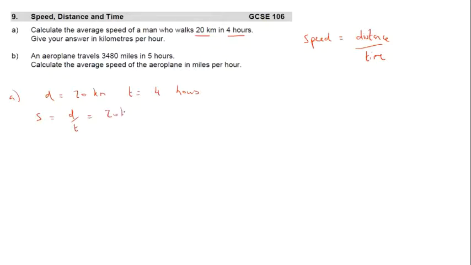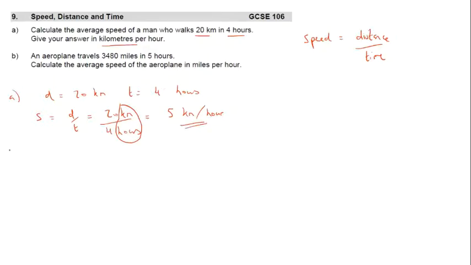So it's 20 kilometers over 4 hours, and 20 divided by 4 is 5. It's going to be 5 kilometers per hour, you see, because I got kilometers on top and hours on the bottom. And that's what I wanted.